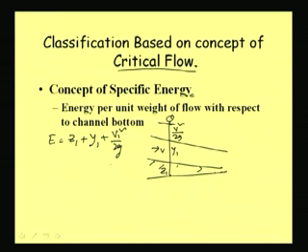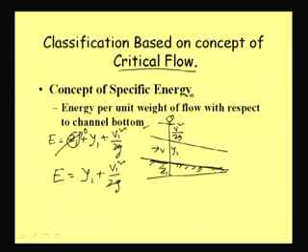And then if we measure this energy with respect to the channel bed, that means our datum itself becomes the channel bed. So we are talking about the energy per unit weight of flow with respect to channel bottom. That means this z term becomes 0, so our energy becomes y1 plus v1 square by twice g.